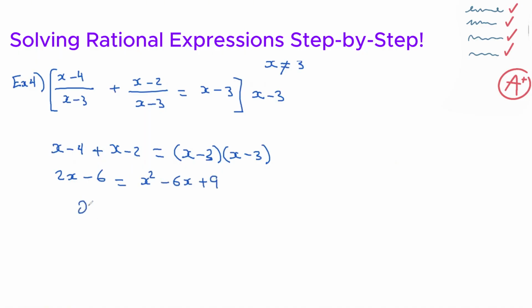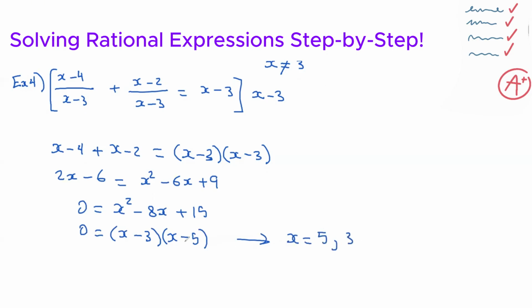Move everything to one side, so 0 equals x² - 8x + 15. Factor this, you're going to get (x - 3)(x - 5), and therefore x equals 5 and 3 from factoring. And as I said, 3 is a restriction, so you cannot accept it. You have to reject it, and therefore x equals 5.